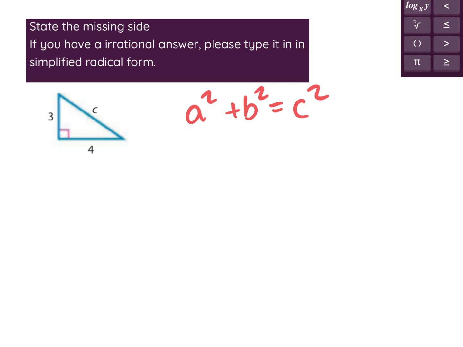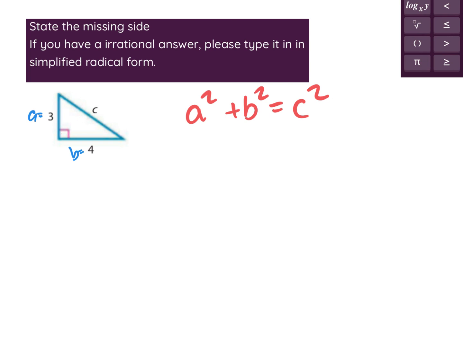So let's label the a value. What is a? 3. What is b? 4. It doesn't really matter if you call a 3 and b 4, or a 4 and b 3, as long as you know that your longest side is opposite the 90-degree angle, which is the c value, right?